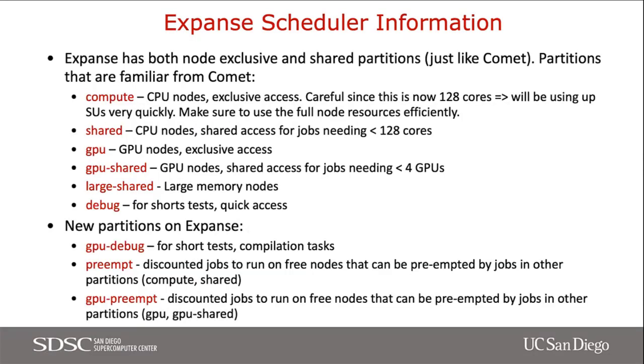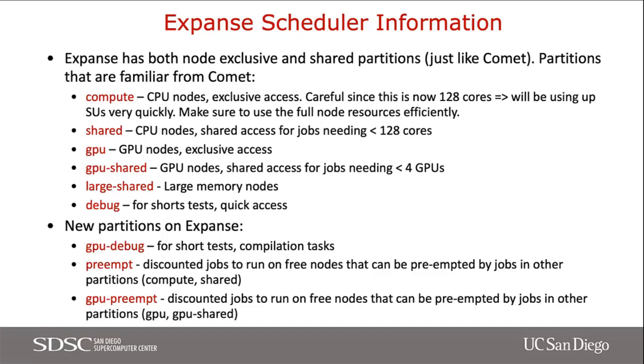So let's look at what's similar to Comet and what's different from Comet in terms of the partitions. Just like Comet, we are going to support both exclusive and shared partitions. In terms of what's common with Comet, you have the compute partition, which is essentially CPU nodes with exclusive access. One real thing to keep in mind is if you make a mistake and put a shared, like a 2-core job, on a compute node, there's a huge cost to it.